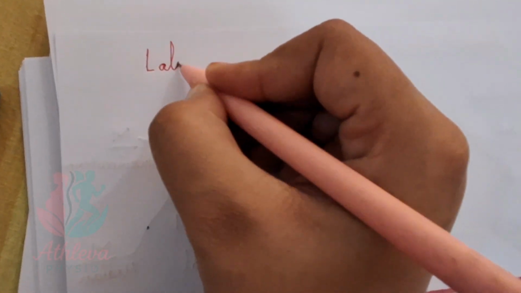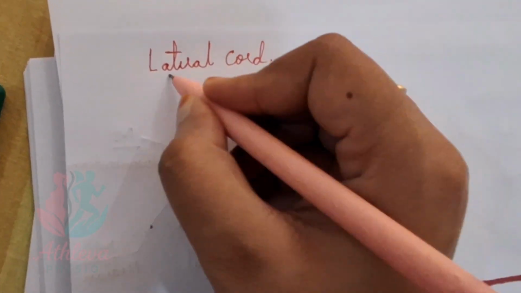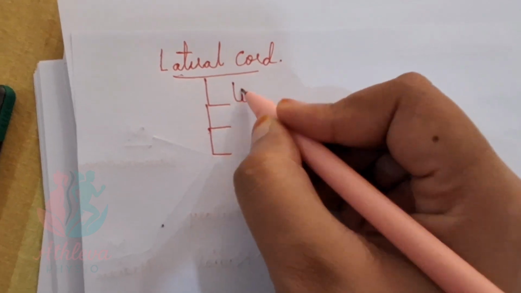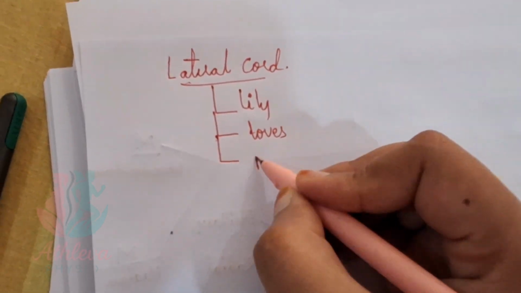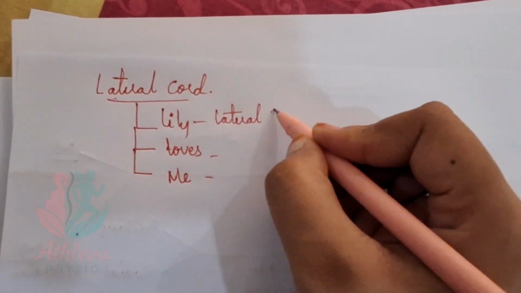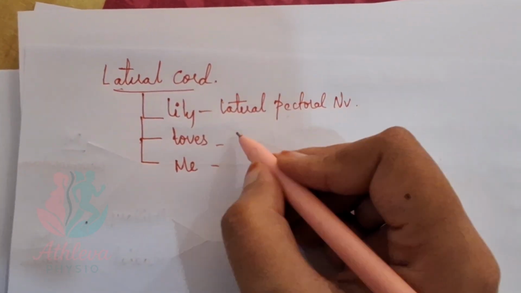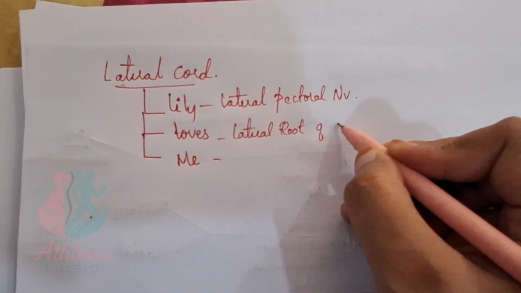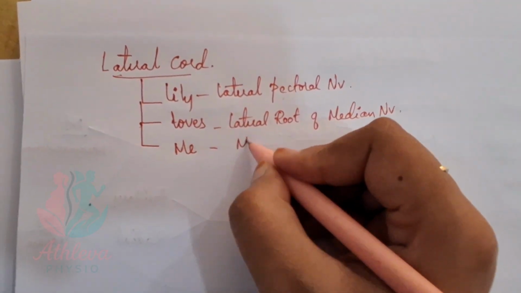Now to remember the cords and their branches in an easy way. Remember lateral cord, Lily loves me. L stands for lateral pectoral nerve. L stands for lateral root of median nerve. M stands for musculocutaneous nerve.